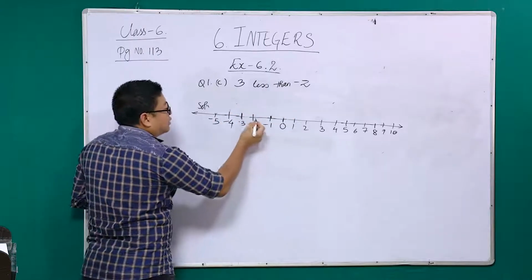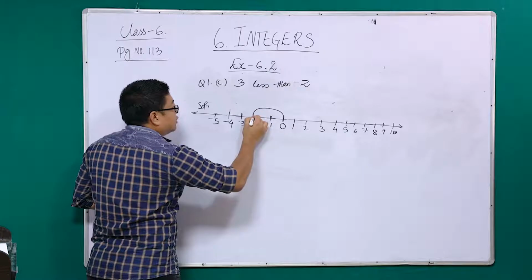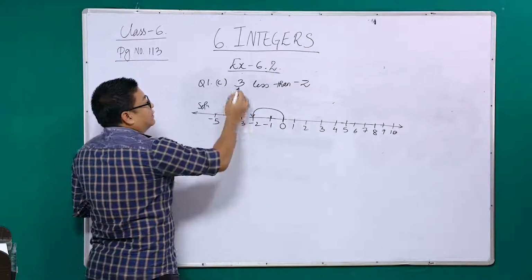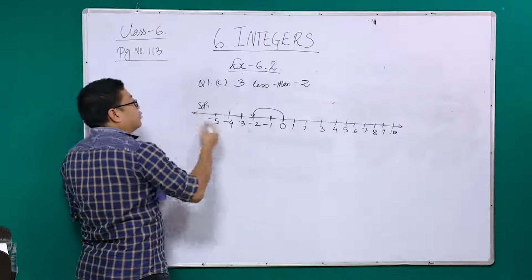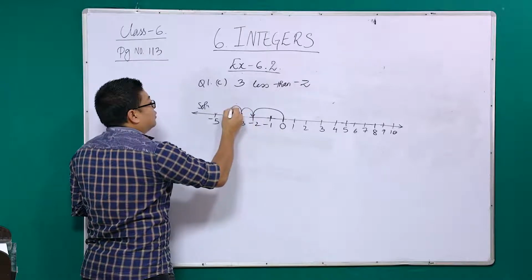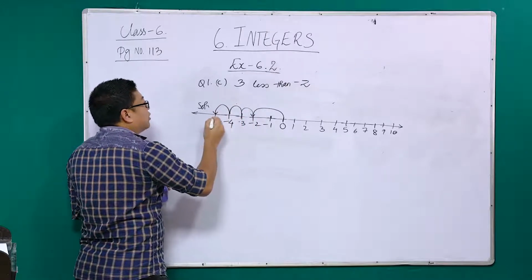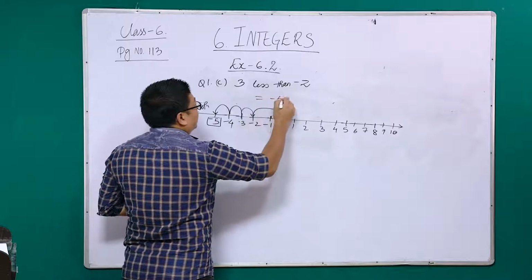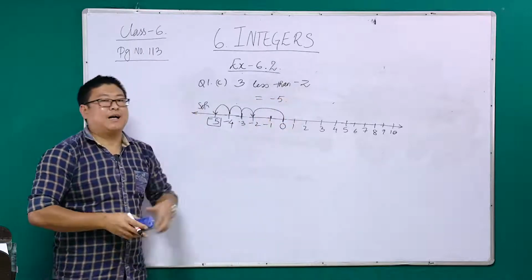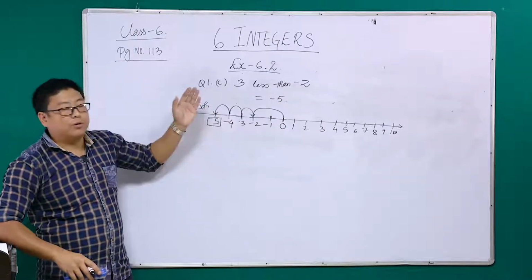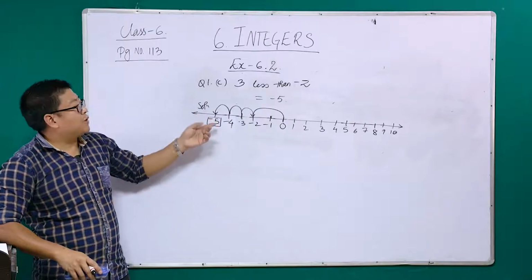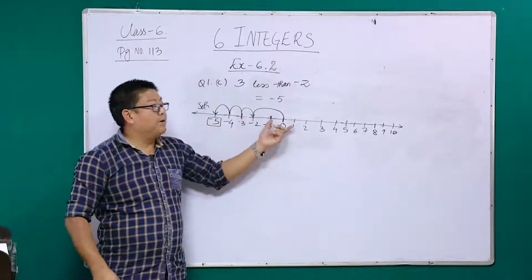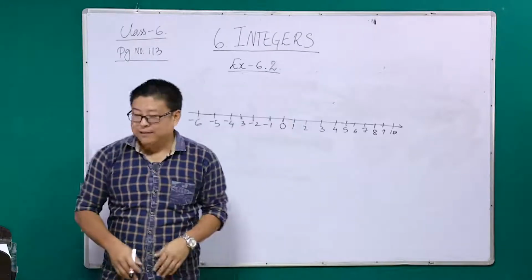So this is your minus 2. 0 to minus 2, you come over here like this. 3 less, so that means again we have to go to the left. 1, 2, and 3. So your answer is minus 5. So this is how you add and subtract numbers using the number line.